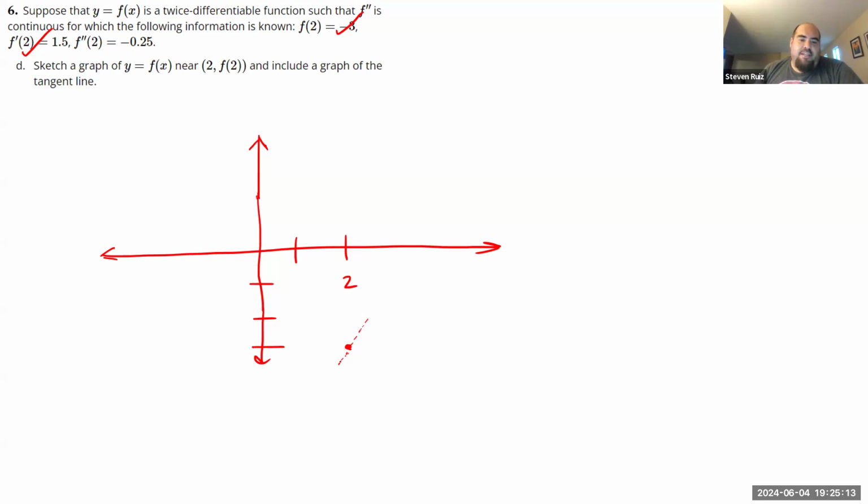So to the left of this point, I would expect the slope to be even steeper than 3/2, and to the right of that point, I would expect the slope to be shallower. I believe this is an acceptable graph for what's going on around this point. Since we don't have any more information, we can't really graph too far outside the neighborhood of x equals 2.